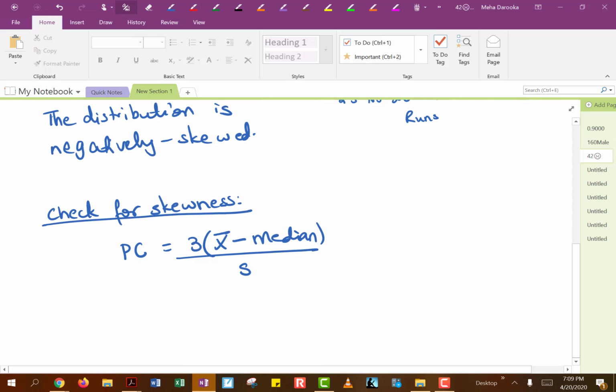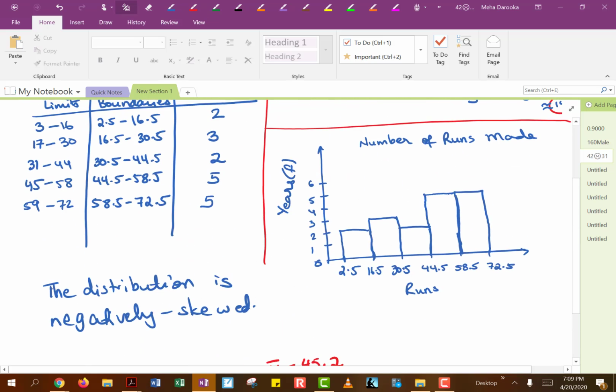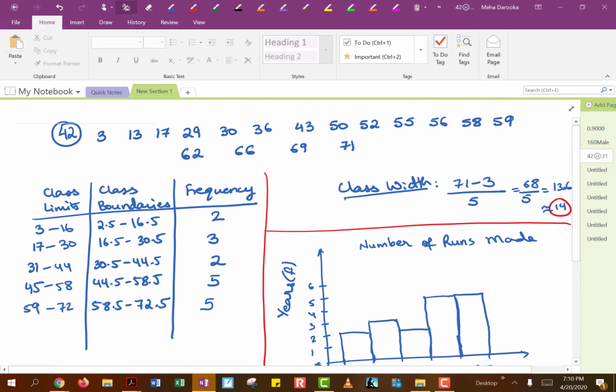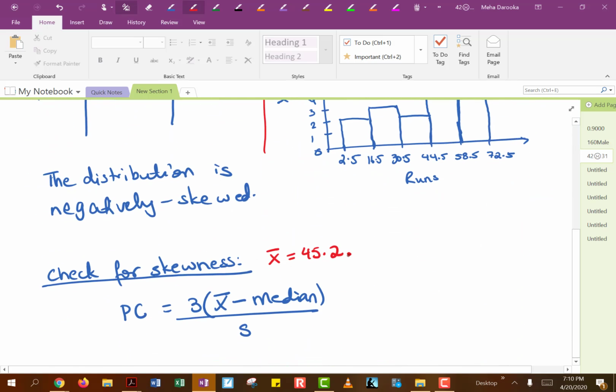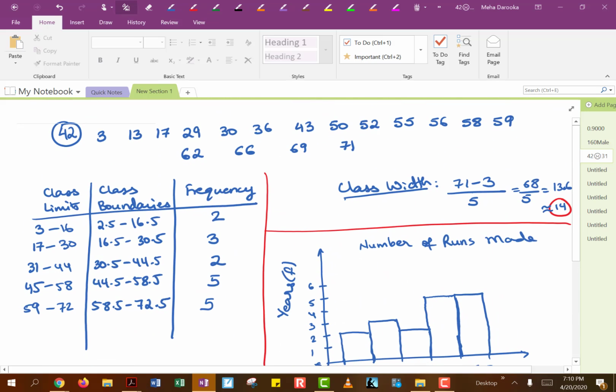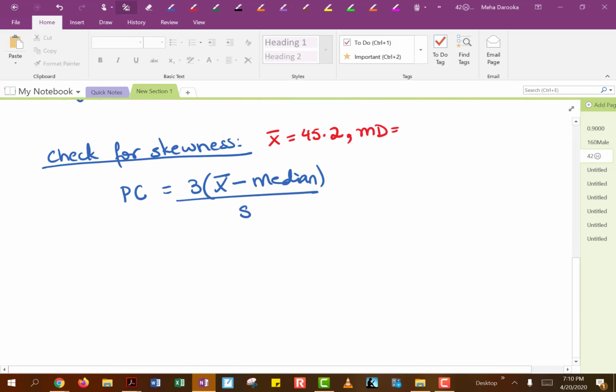I've already calculated our mean, which will come out to be 45.2. Remember, for the mean, you add all the data values and divide by the total number of data values. The median will be the centermost value, and that actually comes out to be this number 52 over here. So this is our median.